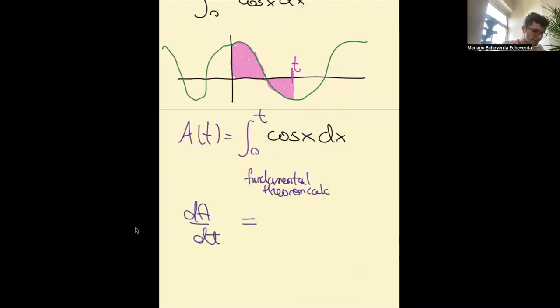So the function you started with, cosine of x, becomes cosine of t. Is that making sense? So far, so good.